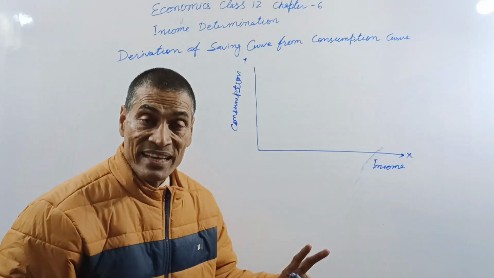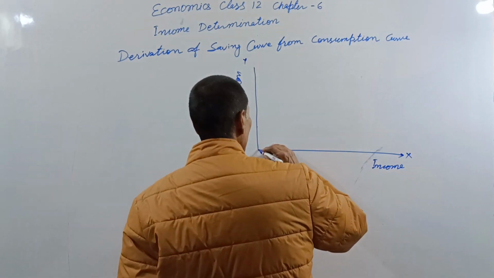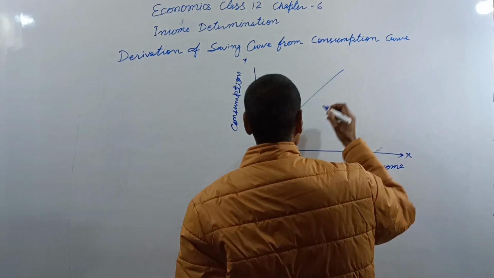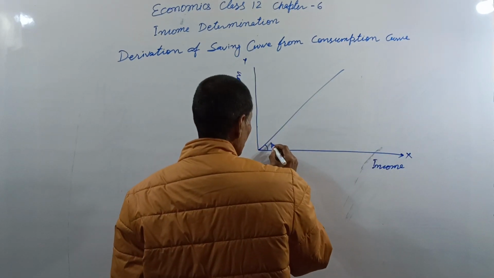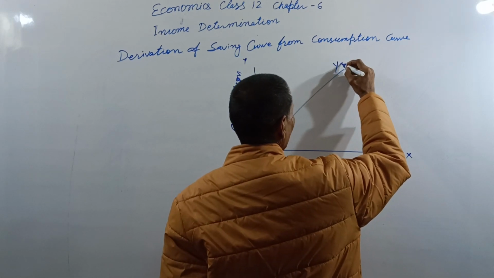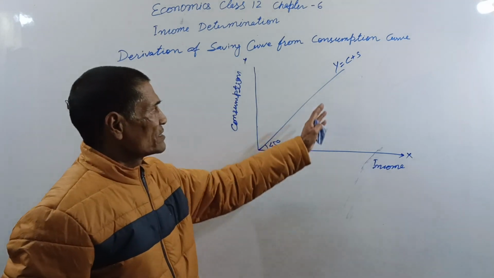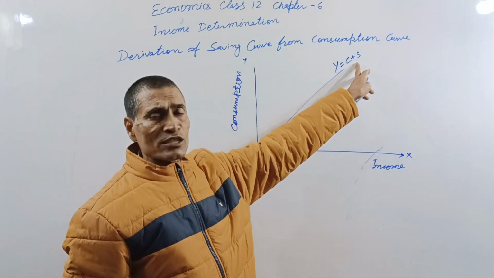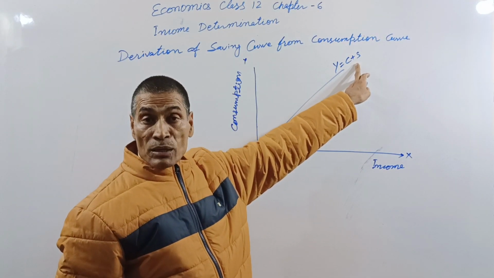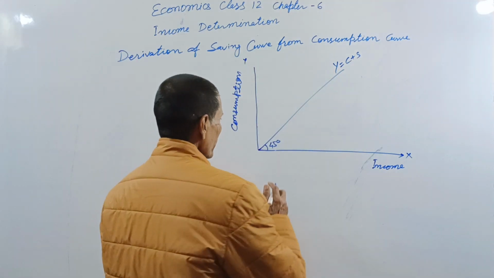That is the AS curve, aggregate supply curve, or you can say C plus S. So we shall draw a 45 degree line, or you can write here Y equal to C plus S. This is the income curve, represented by aggregate supply, or C plus S. It was already discussed in the previous class.